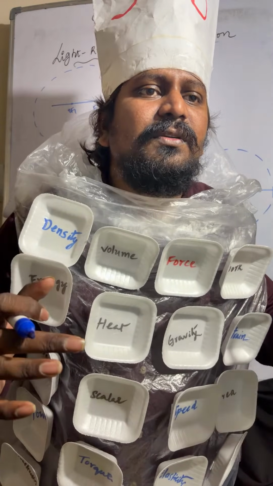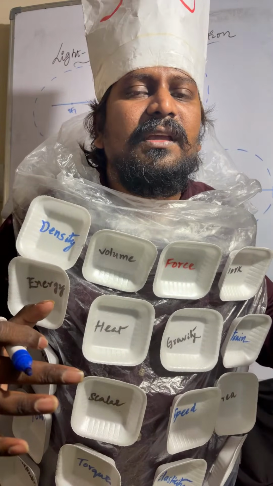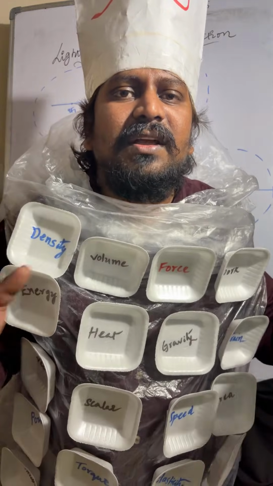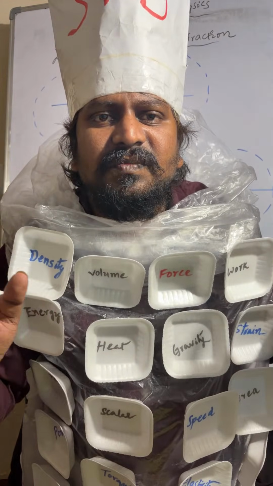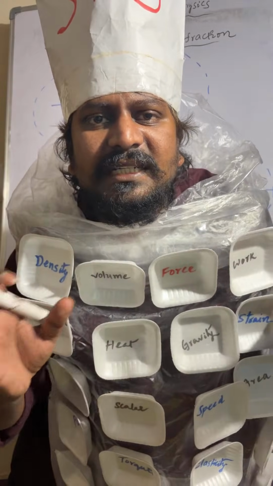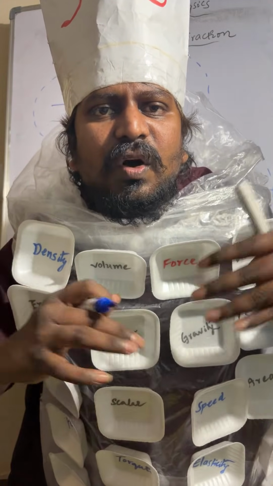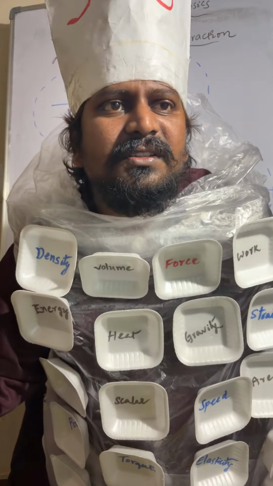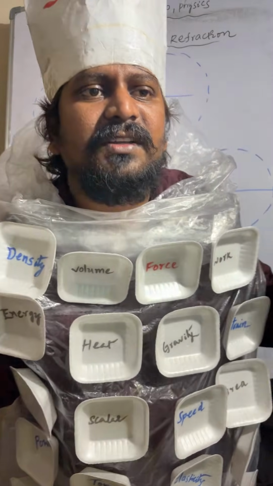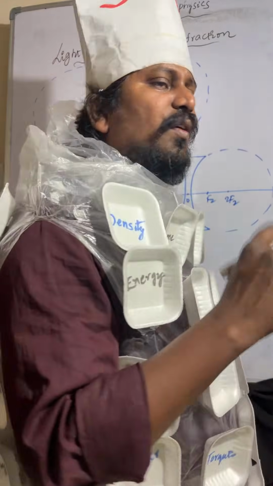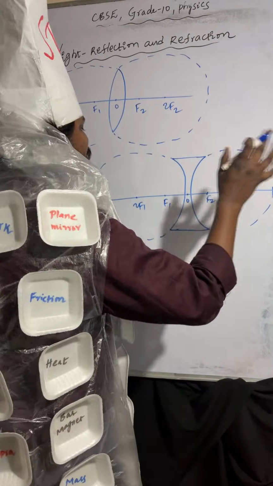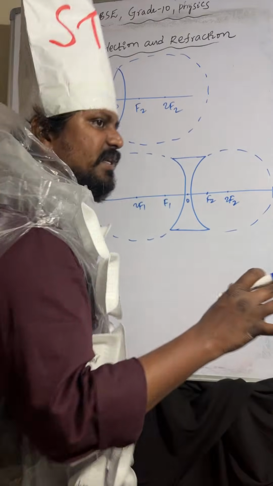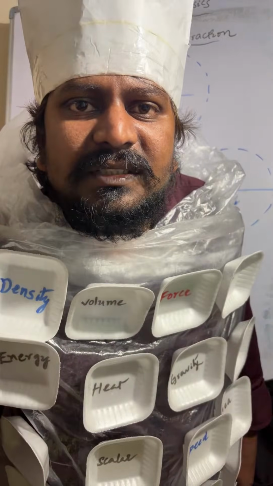Coming to the concave lens, when light falls on it, it diverges the light rays. Understood? I hope it is very clear. Convex lens is a converging lens and concave lens is a diverging lens.